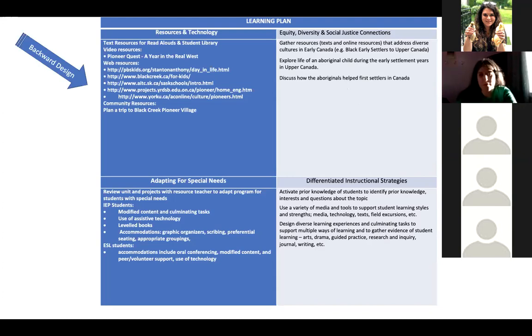And then you also have to think, if I have any students in my class who are on an IEP, or if I have any English language learners, how am I going to adapt for them? And then am I going to have differentiated instruction strategies? But I'm going to say to you, all of you, that you already know about differentiated instruction.